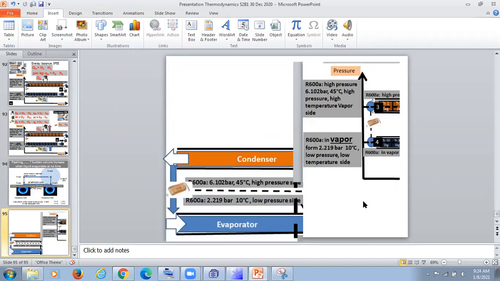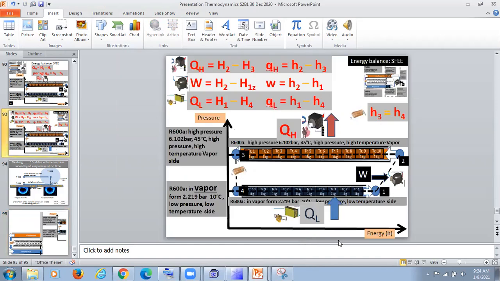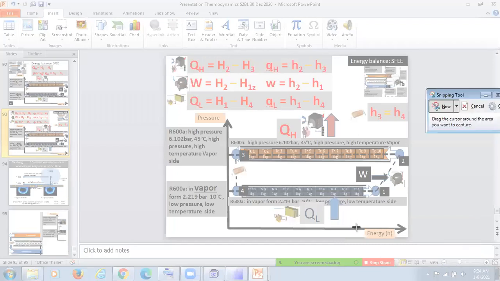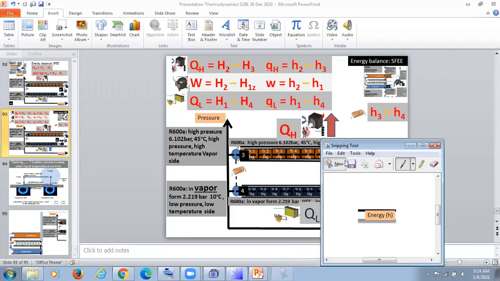The same thing in two different pictures: one with the pressure graph, and the other with the energy axis, which we call enthalpy.